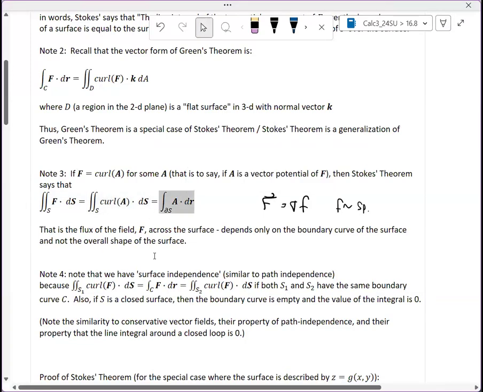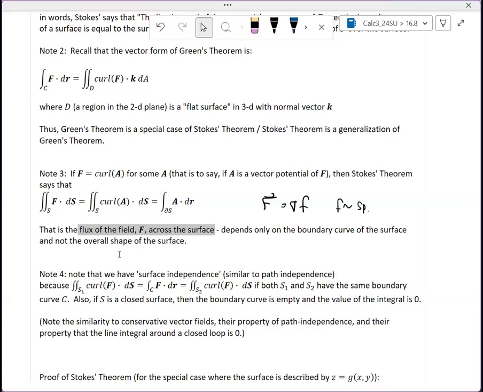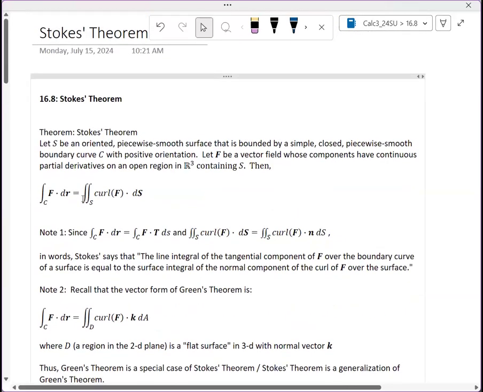But that's just the integral over the boundary curve, A dot dr. So what do we call this surface integral, the surface integral of F dot dS? Well, that's the flux of the field across the surface. So that had maybe a more understandable application, or a more understandable meaning, than this integral does.